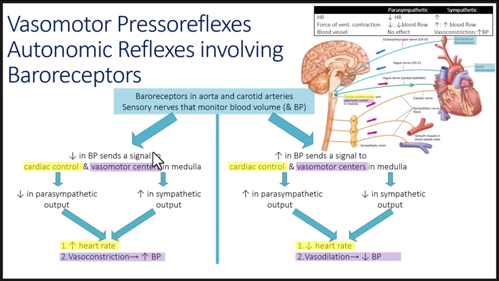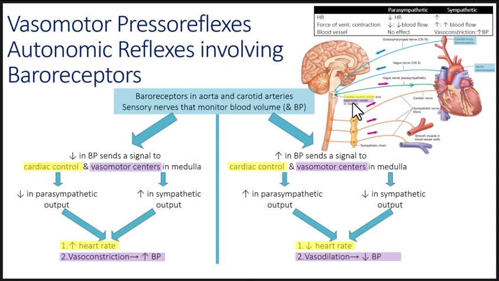So let's look at two different circumstances. Let's look at the situation that I started to describe, is that there's an increase in blood pressure. So when there's an increase in blood pressure, it's going to be detected by these baroreceptors found in the aorta and the carotid sinus, and this information picked up by sensory receptors will be fed back along a sensory pathway to two main areas.